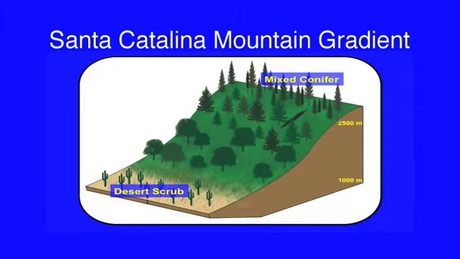That concept is shown in this graph. Basically, at low elevation, we have the desert scrub vegetation type of the Sonoran Desert. And then we go into the oak woodland, the ponderosa pine woodland, and the mixed conifer woodland at the highest elevation. Each of those has distinct zones as we go up in elevation.